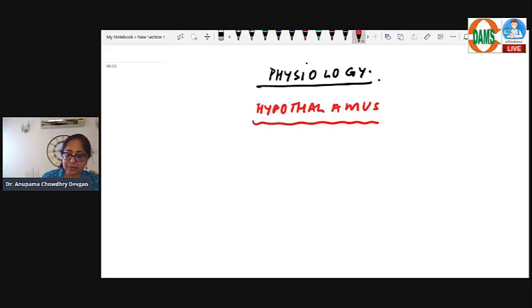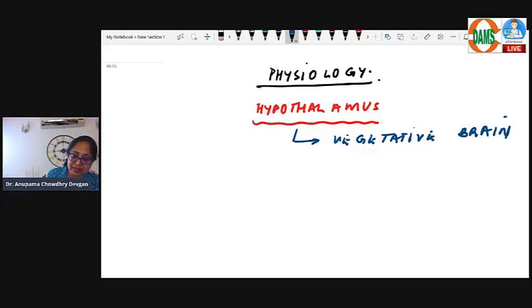As far as the hypothalamus is concerned, what is the hypothalamus? Hypothalamus is called your vegetative brain. Why is it called the vegetative brain? Because it looks after the vegetative functions. When I say vegetative functions, what do I mean?